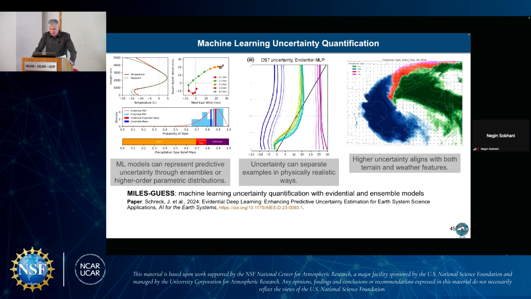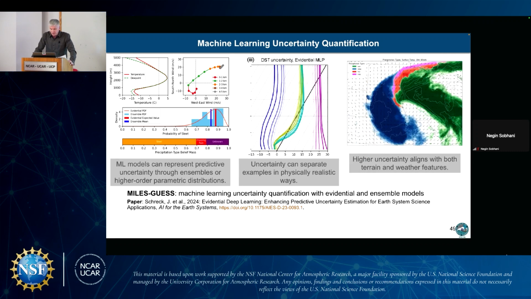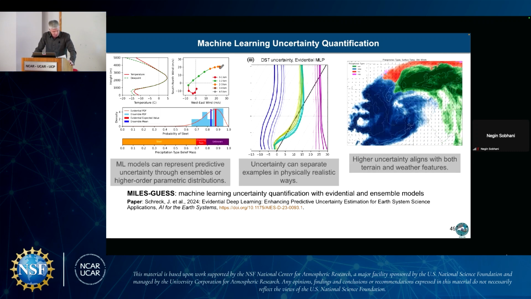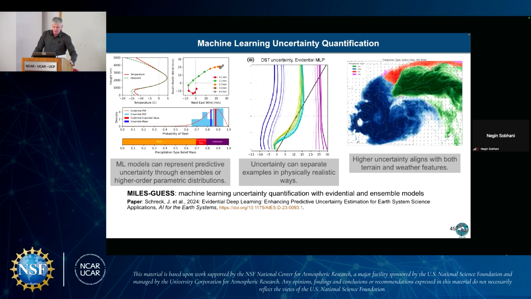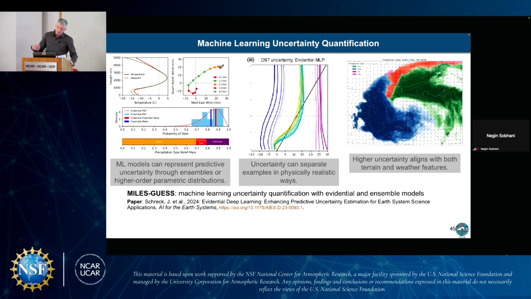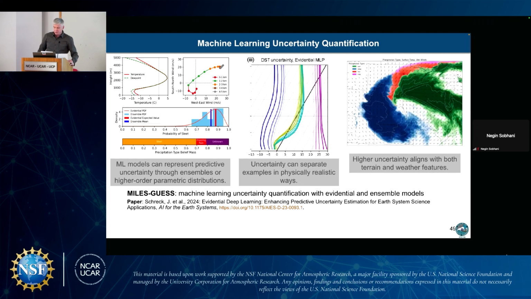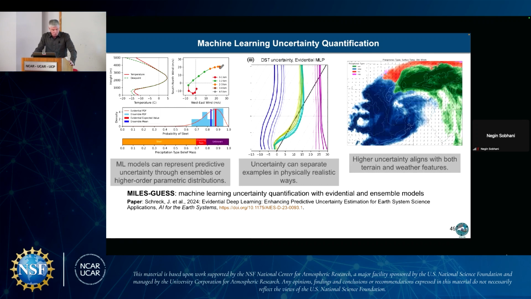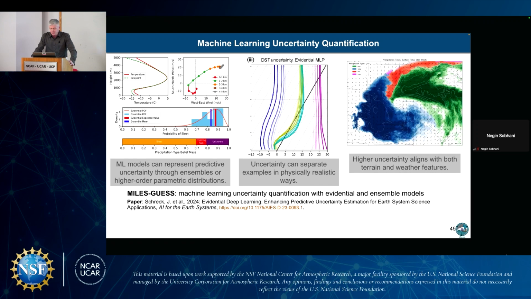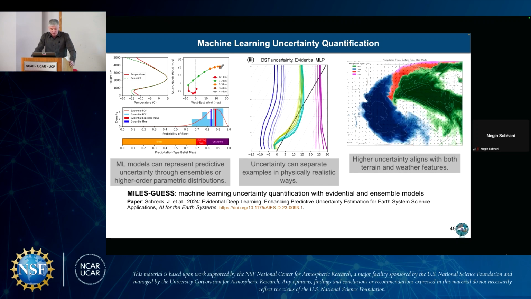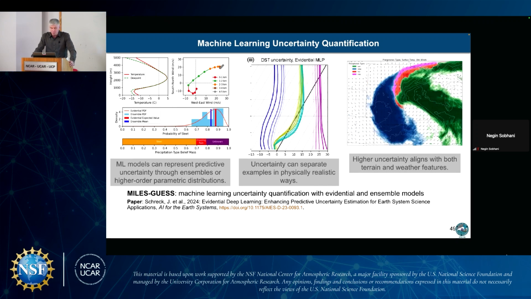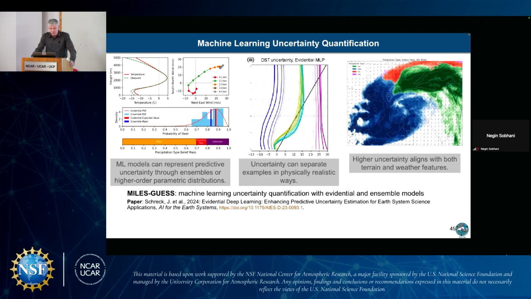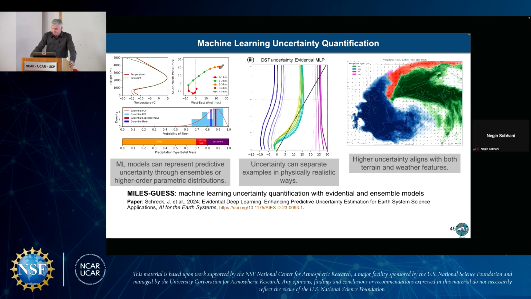There's a relatively recent machine learning architecture called evidential neural networks that allows you to tease out the data-driven uncertainty as well as model-driven uncertainty. I said enhanced evidential neural networks, apologies. Miles has put together some tooling around this called MILES-GUESS, and you can see some of the examples of MILES-GUESS being applied to a number of different applications.